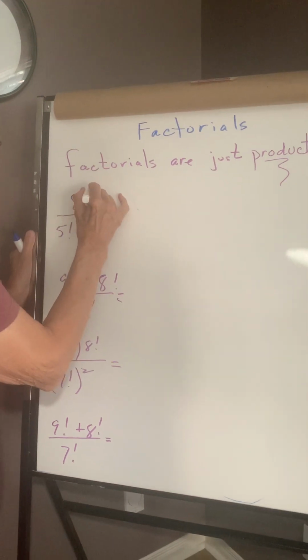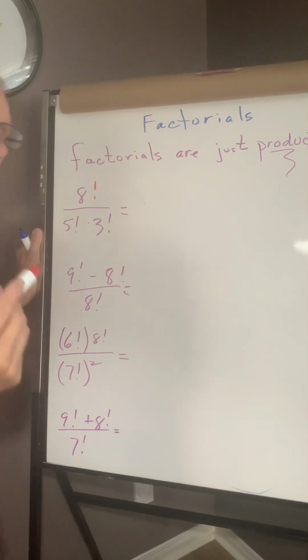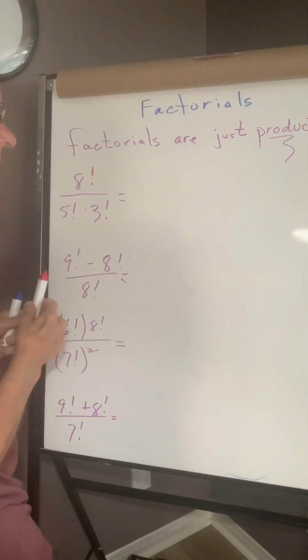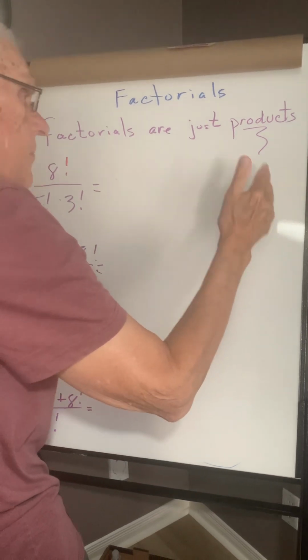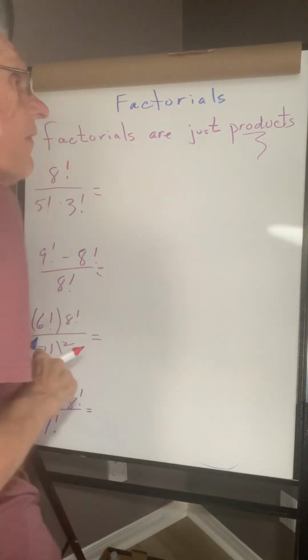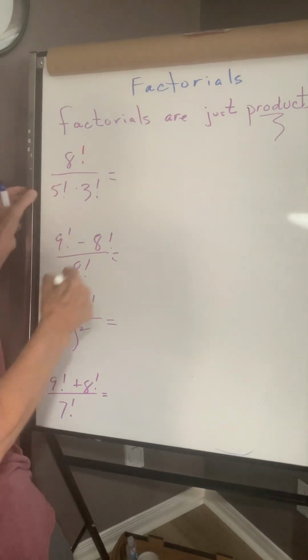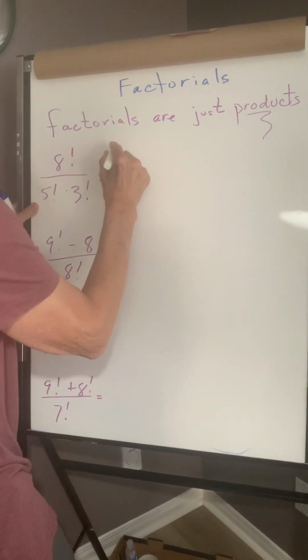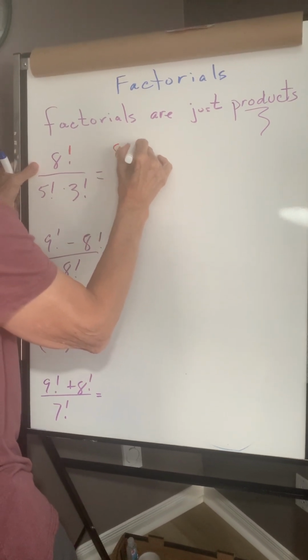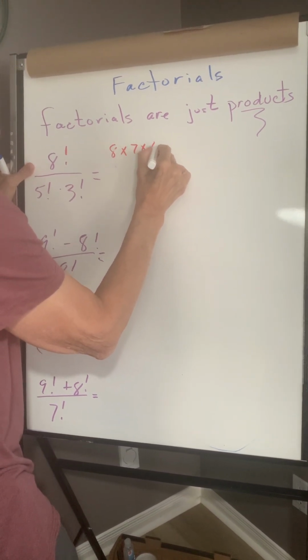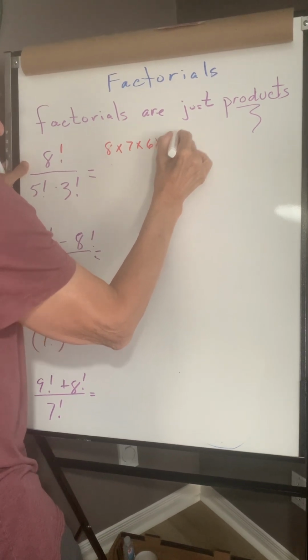What does factorial mean? It really means that I can take the number 8 and say 8 times 7 times 6 times 5 times 4 times 3 times 2 times 1. That's what it means. Here, I'm going to take 8 factorial down to 8 times 7 times 6 times 5 factorial.